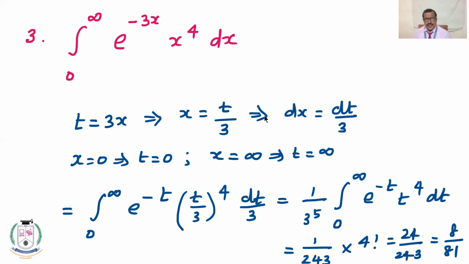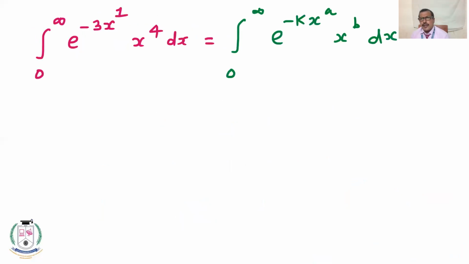Another way of doing the same question is using the result method. Whatever we derived as the result: the integral 0 to infinity e power minus k x power a, x power b dx, will be 1 by a, 1 by k power (b plus 1) by a, into gamma of (b plus 1) by a. If you compare, the k value is 3, a value is 1, b value is 4.